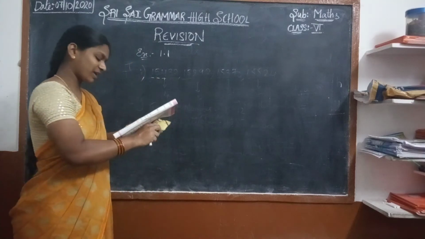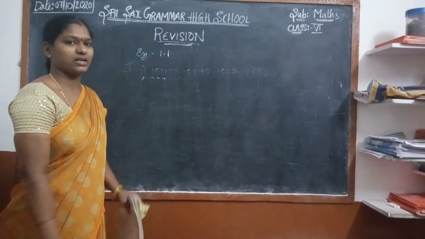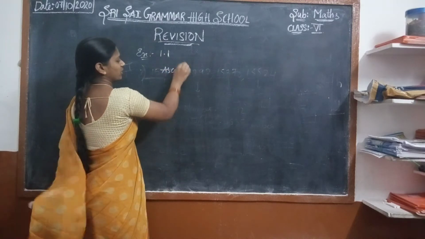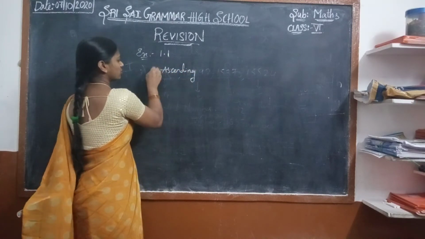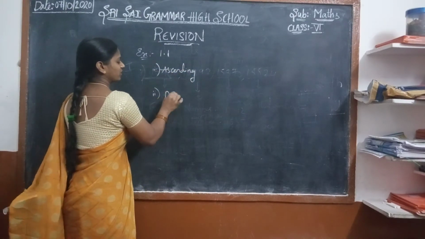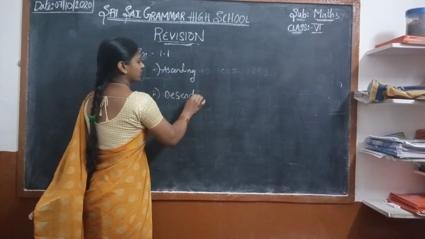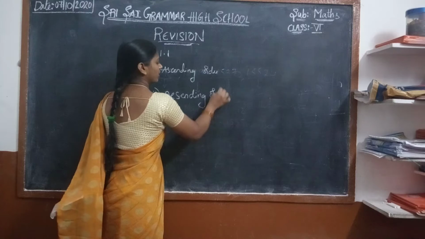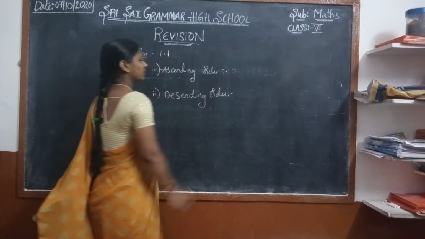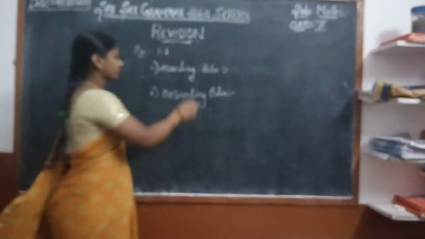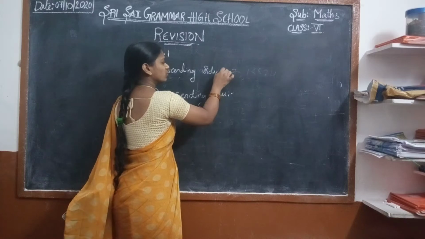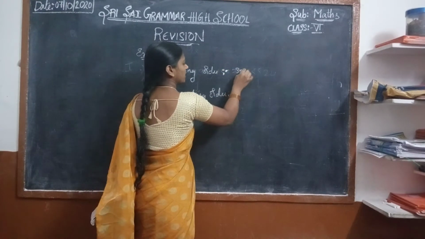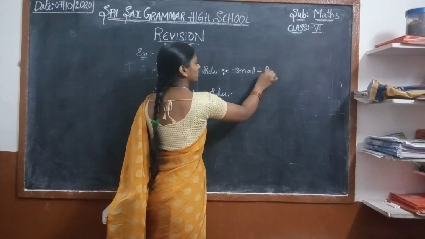Write the numbers in ascending and descending order. Do you know what ascending is? What is ascending and also descending? Ascending means the numbers start from small to big.